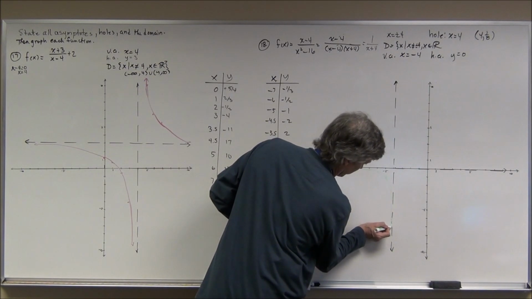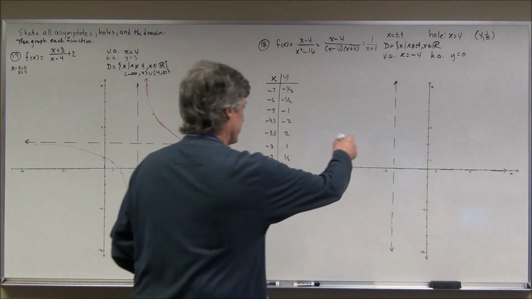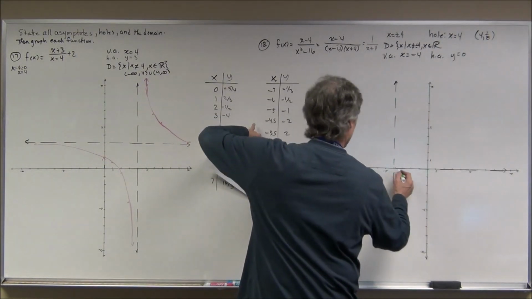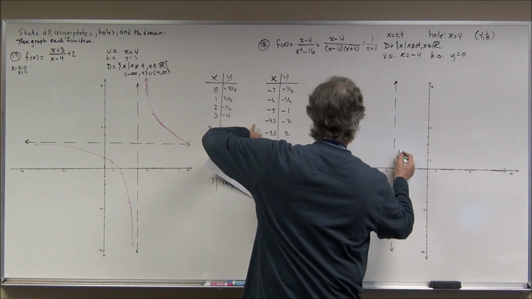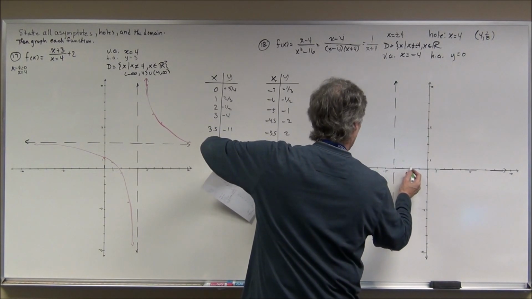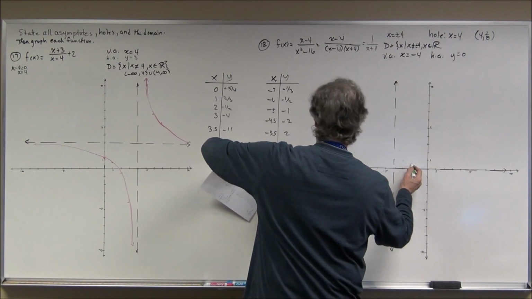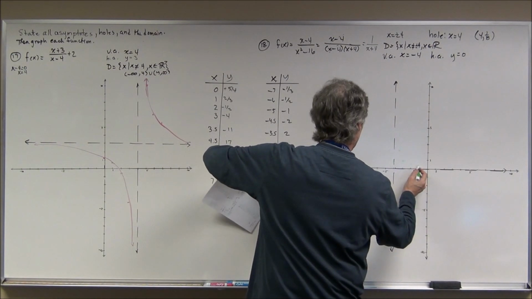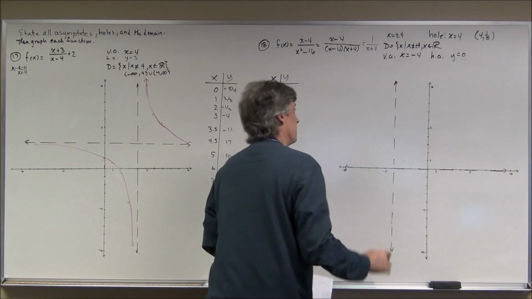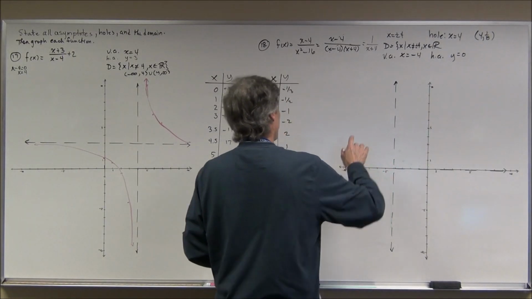Oh, not supposed to touch the asymptote there. And then if I continue graphing at -3.5, I'm at 2, -3, 1, -2, 1/2, -1, 1/3, and 0, 1/4.